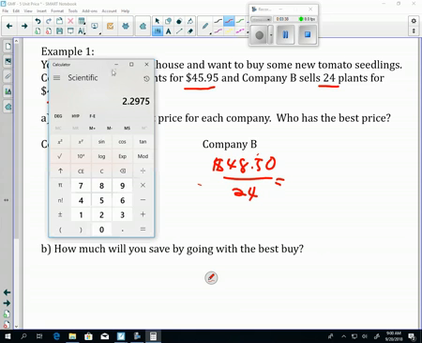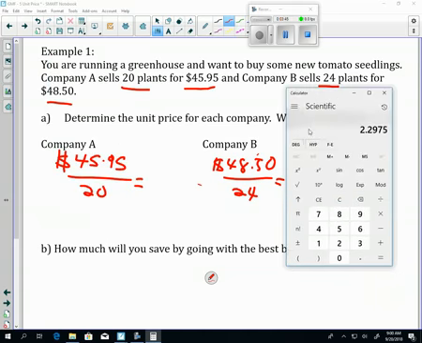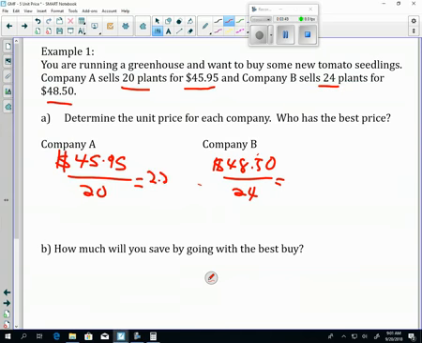We have a price of 2.2975. Now I'm going to use all of those digits right now, even though we wouldn't pay 2.29. And then we would do the same for the second one.